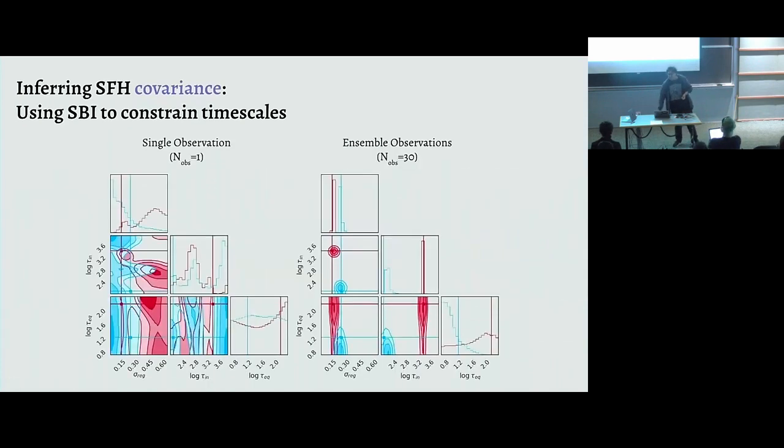The really nice thing about all the people here is that they're really interested in things like simulation-based inference. So now you can use all of these spectral features that I talked about at the start of my talk to see if you can get constraints on these timescales that go into the model. From our experiments, with as little as 30 galaxies, you can start constraining the overall amount of scatter and the timescale that give you the shape of this ACF.